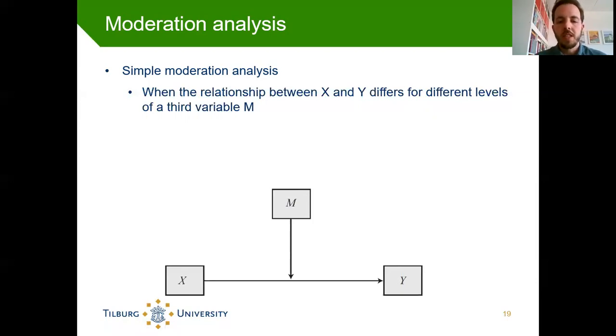So then this relationship between X and Y would actually be there for young people, but it would not be there for old people. So actually what you could say then is that your age group moderates the relation between X and Y, between one independent variable and one dependent variable.